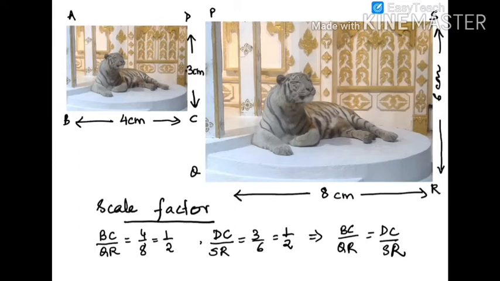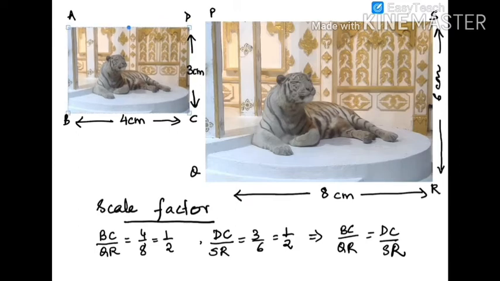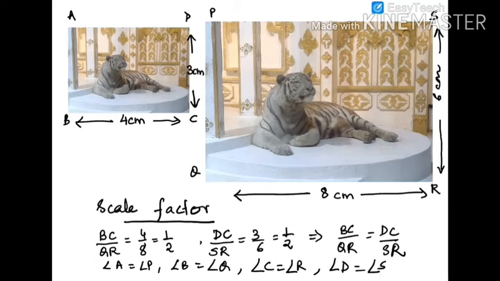Let's compare their angles. Since we have two rectangular images, each angle will be 90. So the corresponding angles are equal. Angle A is equal to P, angle B is equal to Q, angle C is equal to angle R, and angle D is equal to angle S. So we can make a second conclusion that if two figures are similar, then their corresponding angles have to be equal.